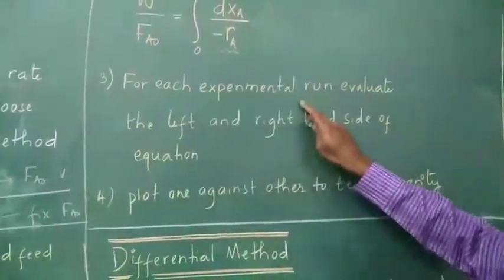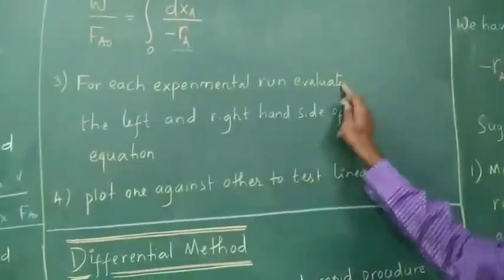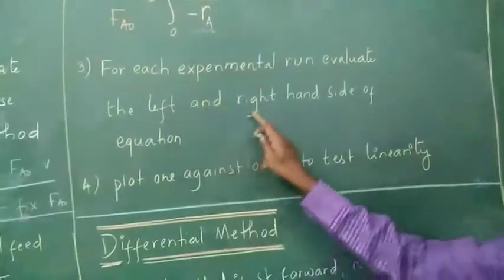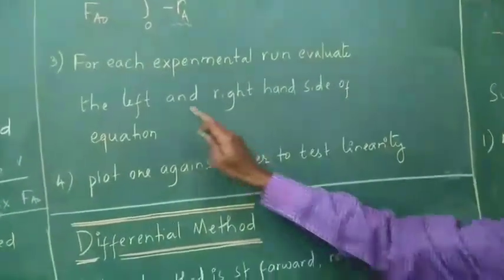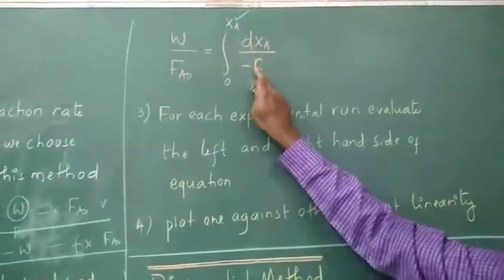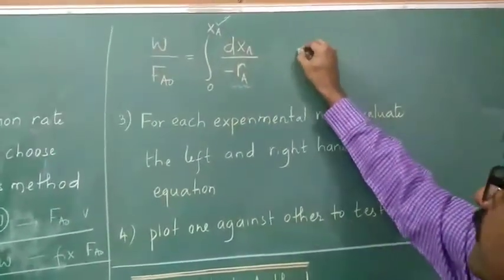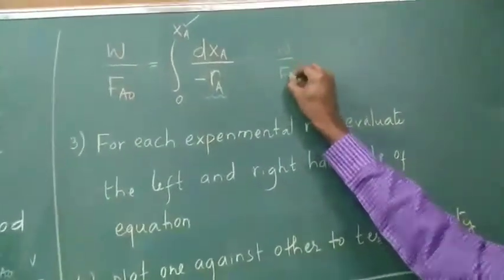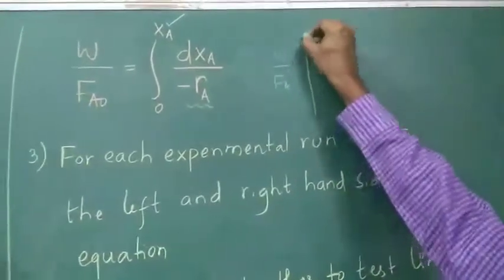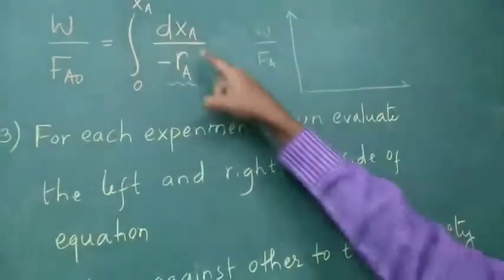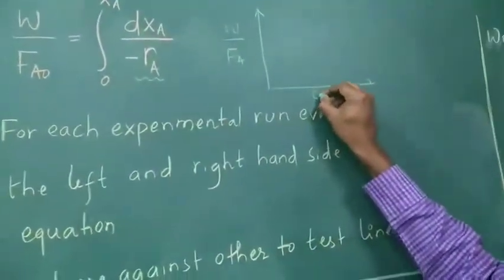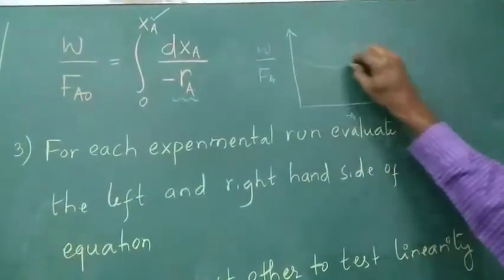For each experimental run, evaluate the left hand side and right hand side of the equation. If you know this, you can evaluate it. So simply by taking W by FA naught, you can plot this versus the rate equation. Rate is in terms of CA. You will get a conversion.